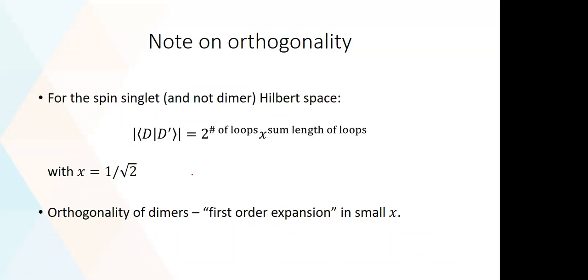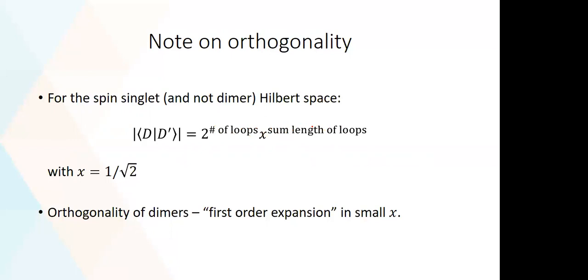Okay, and the x is 1 over square root of 2. This overlap is of course always at most 1, and the larger the loops, the smaller the overlap, right? Because the power of x is larger.